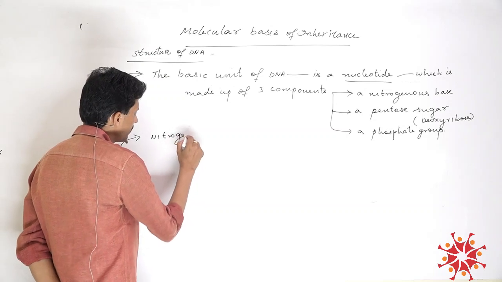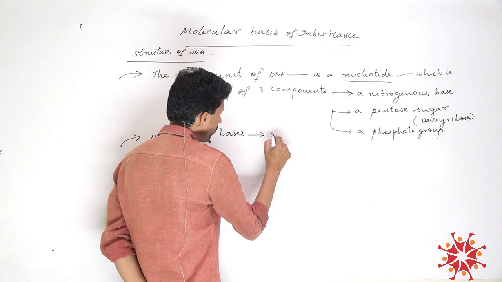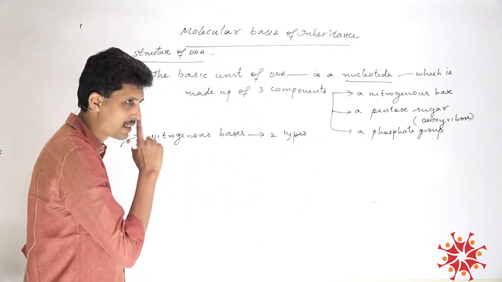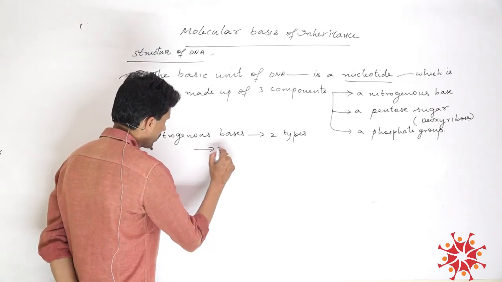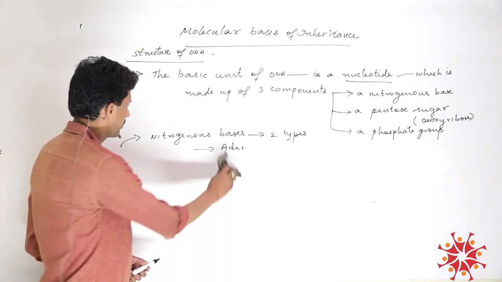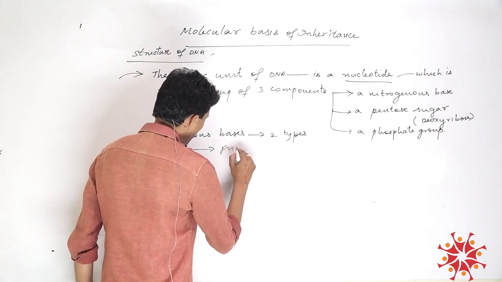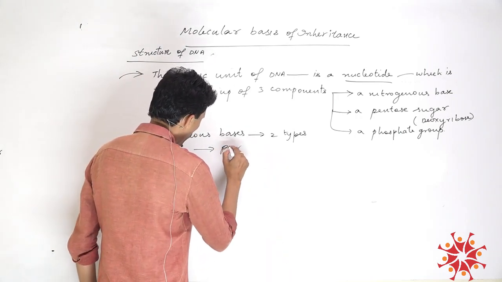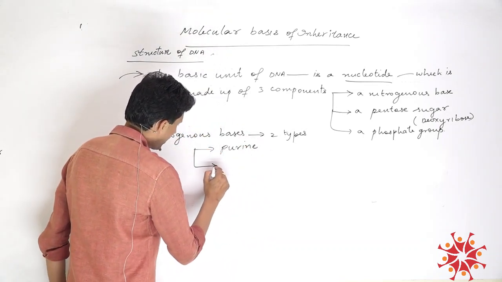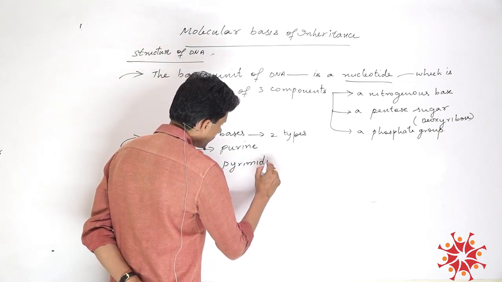Nitrogenous bases are of 2 types, right? One type you call purine, and the other type you call pyrimidine.